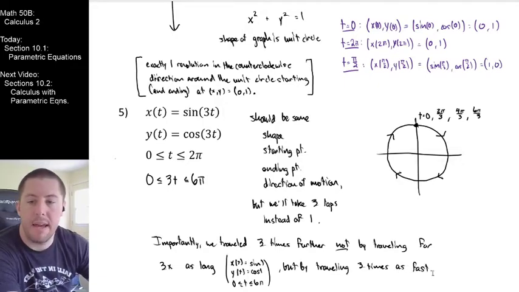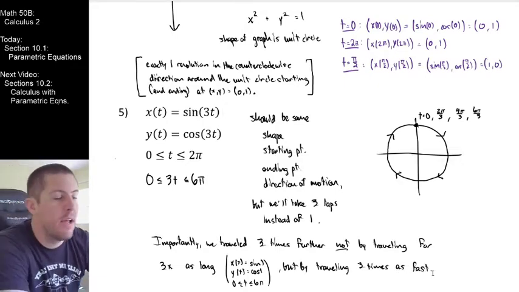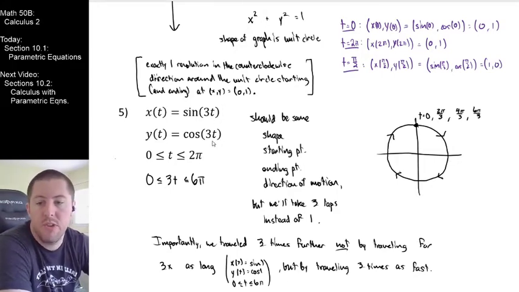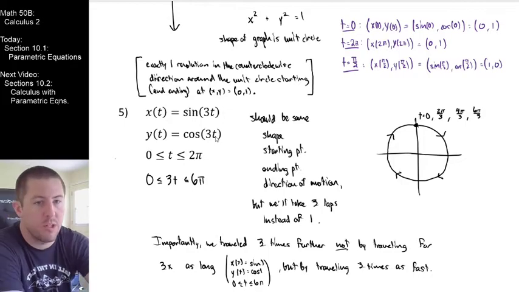So I want to go ahead and make that comparison in Desmos right now. Again, this multiplying by 3 is not affecting the duration of time for which we're traveling. It's affecting the speed at which we're traveling here.